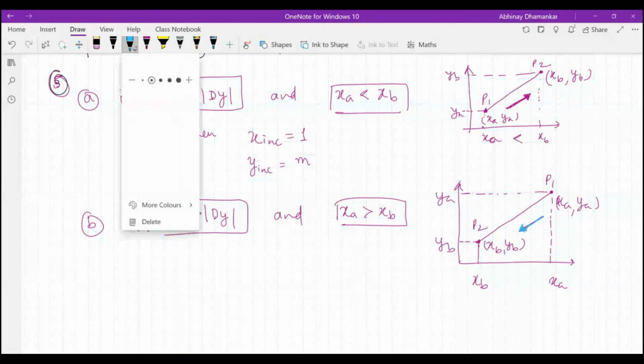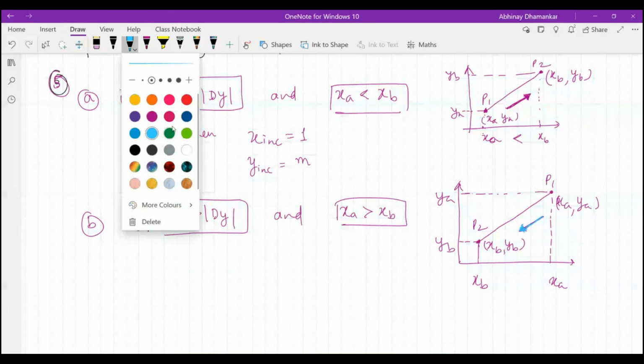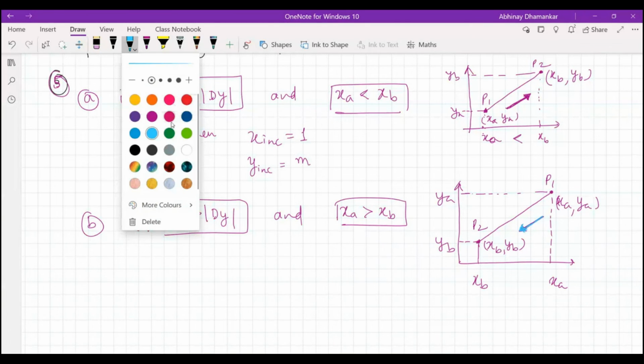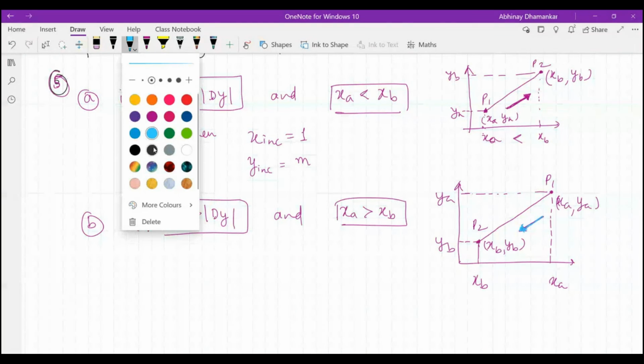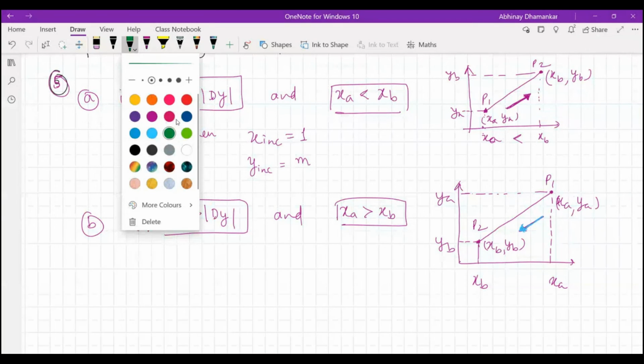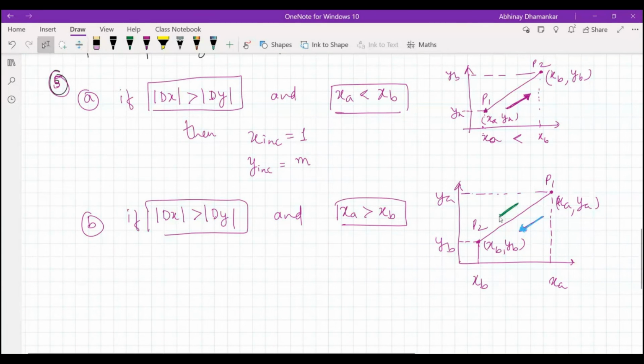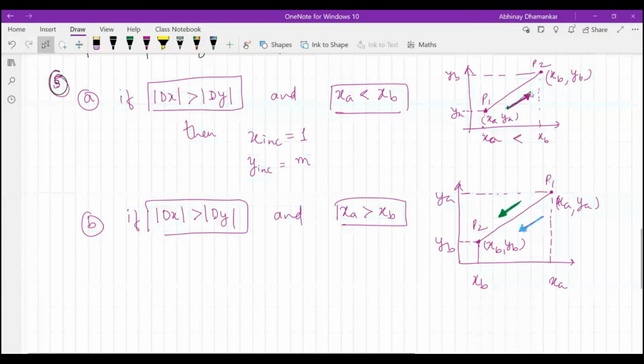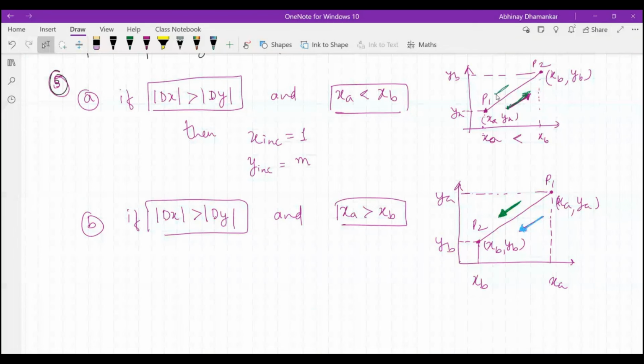If we need some different color, which one color is sufficient for you? Visible black or something green. Let's say green. So you are drawing your line from P1 to P2, and here also you are plotting P1 to P2, but depending upon this value you are going upward.